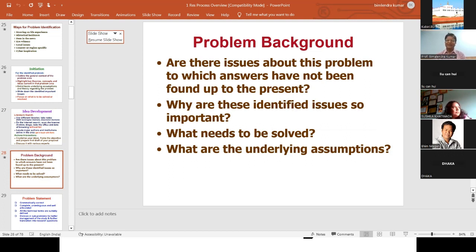Why are these identified issues so important? Any research topic can be significant in the interest of the nation, the state or any society. In what way is this research topic going to solve problems, whether in national development or societal development?